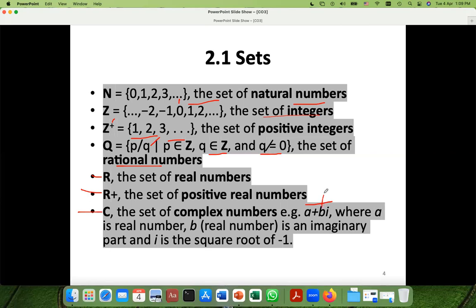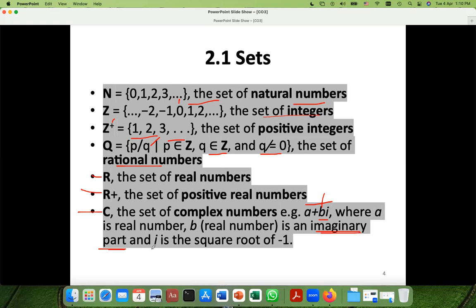Since this B, which is a real number, is multiplying with this iota, that's why you will say that this B is now the imaginary part. Due to this combination with iota, we have another title for this part of this equation or this number.